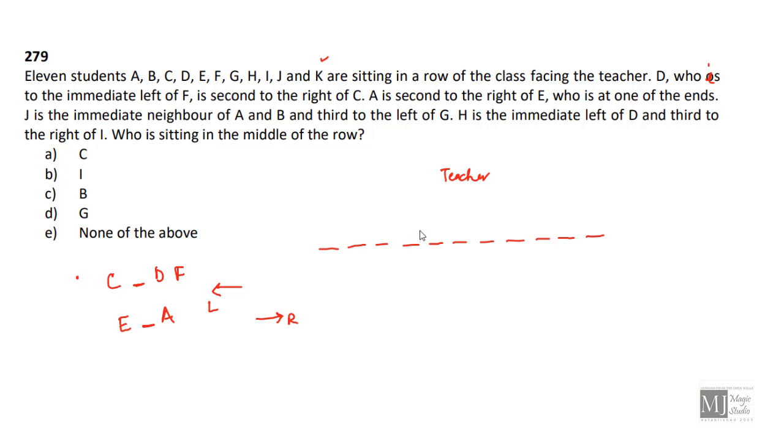Who is at one of the ends? That means E is sitting at one of the ends. If we assume the arrangement something like this, now this should be E and this should be A. J is immediate neighbor of A and B. That means J is sitting between A and B. J confirm, B position confirm.